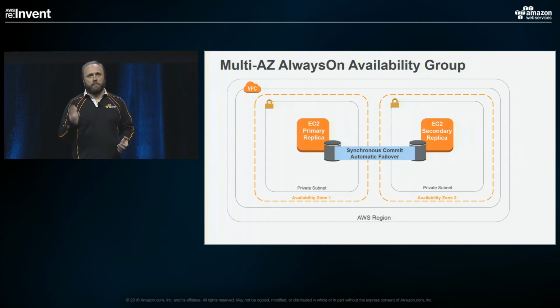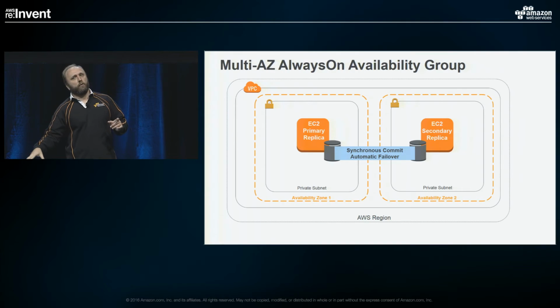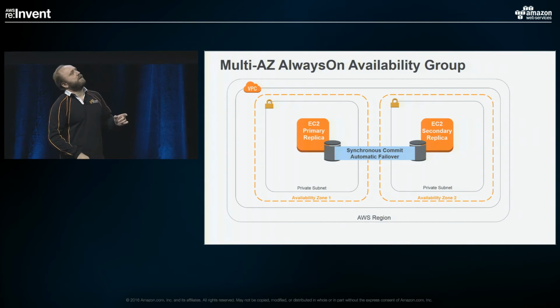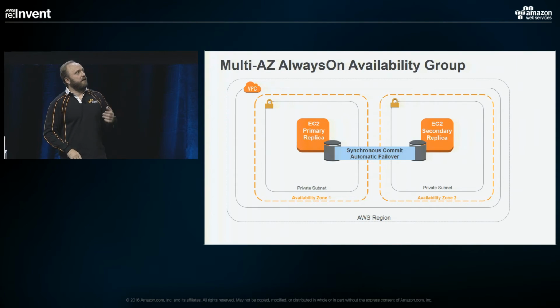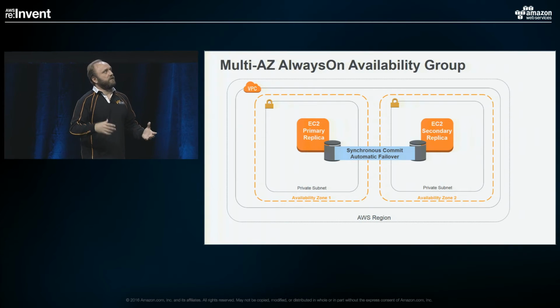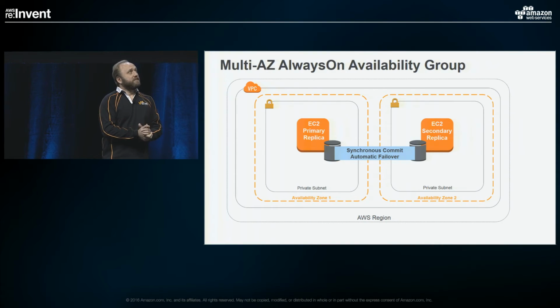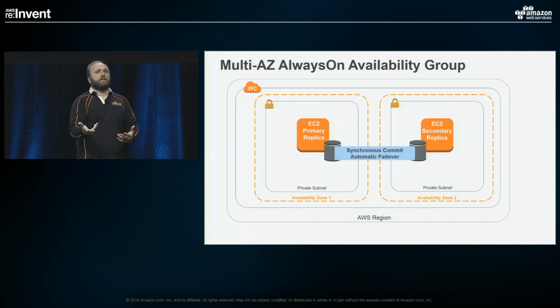Always On availability groups for SQL 2012 allow synchronous commit between 2 instances and 4 asynchronous commit instances. And 2014 supports 2 instances for synchronous and 8 for asynchronous.